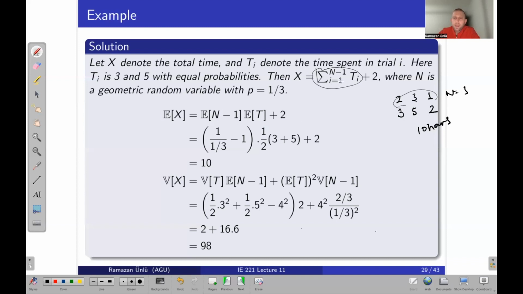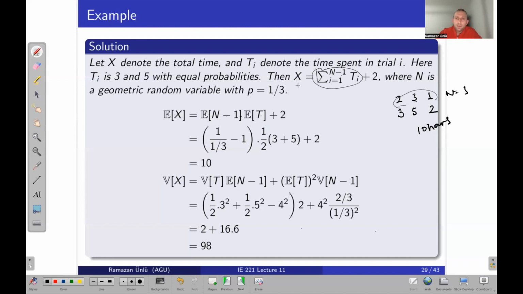After understanding this model, it is easy to solve. First, let's look at the expected value of x. We will use the formulation we just found in the previous slides: the expected value of n minus 1 times the expected value of t.